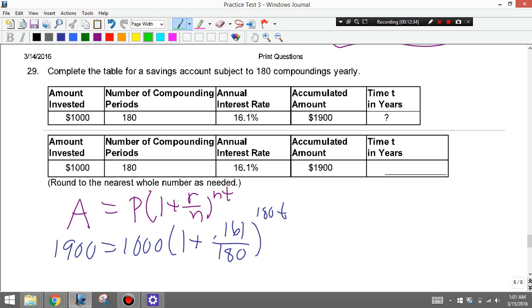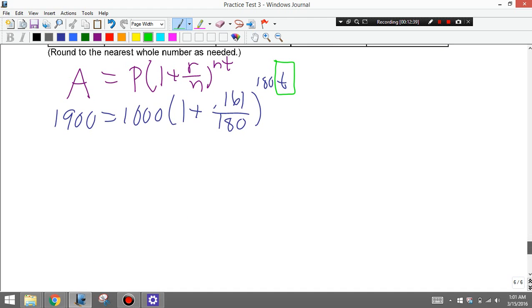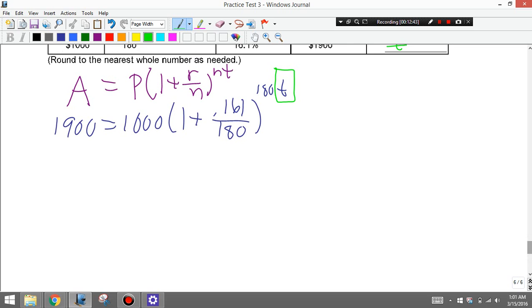And we'll just note that it's t that we're looking for. We'll divide both sides by 1000.